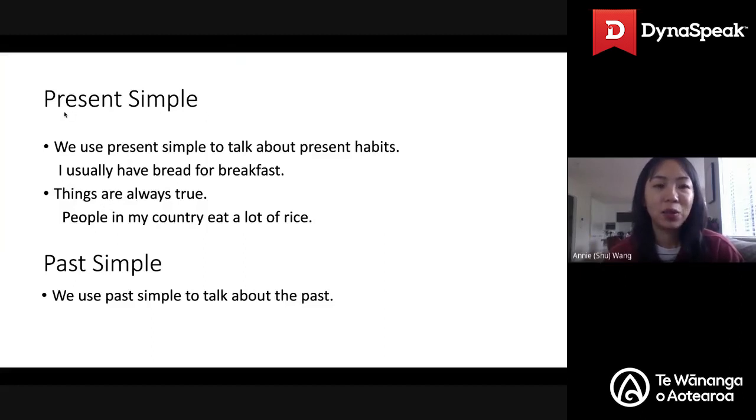And we also use present simple to talk about things that are always true. Let's look at this example here. People in my country eat a lot of rice. This is a fact, something that is always true.